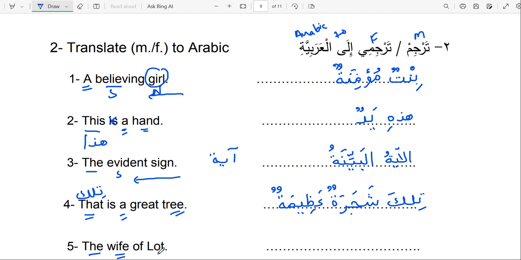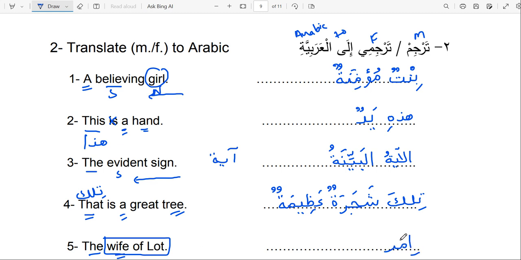And this is not a sifa or anything. It is the wife of Lut. This is actually the of construction. That means the wife belonging to Lut alayhi salam.